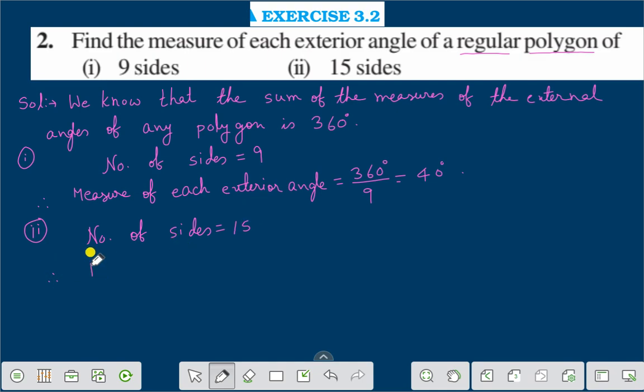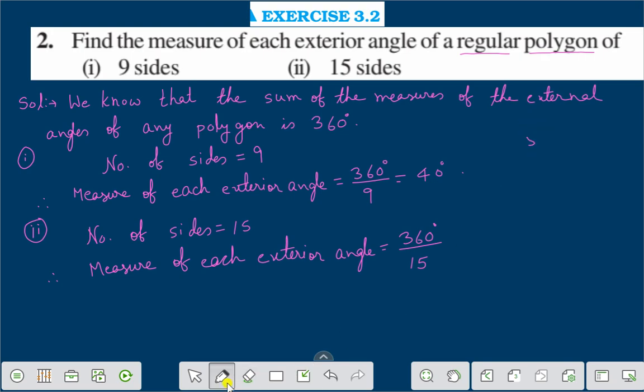Therefore, the measure of each exterior angle is equal to 360 degrees divided by 15.